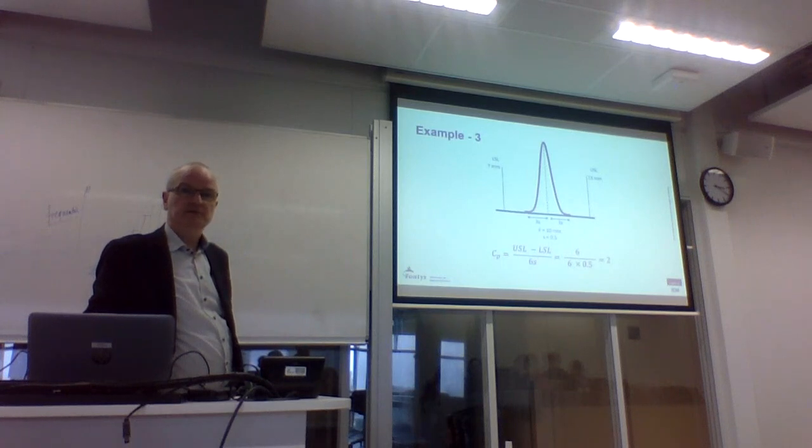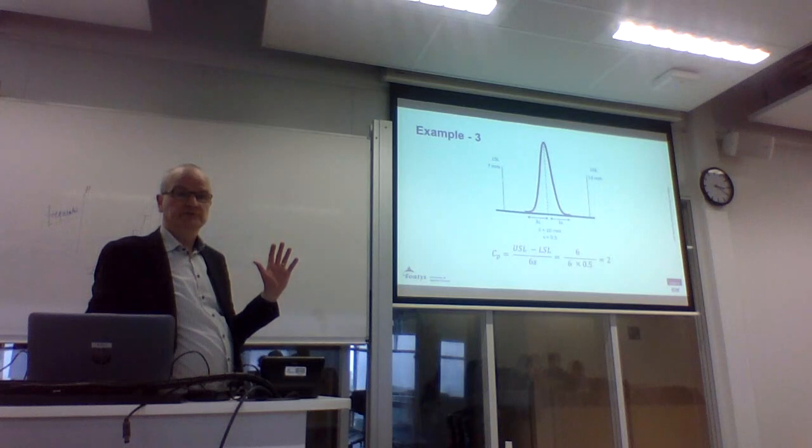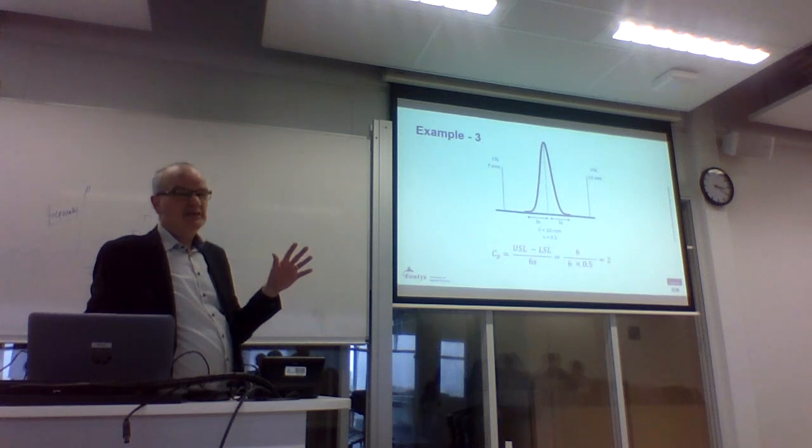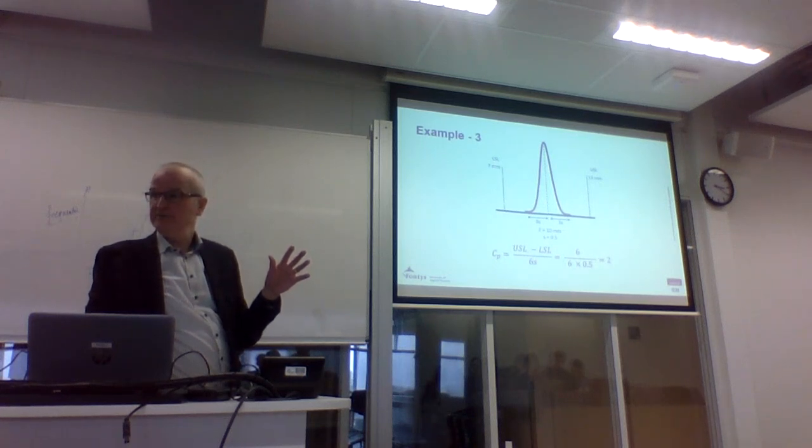It's 2. You're really safe if you have a value of 2. Value 1, you're pretty good, but only in 99.7% of the cases. It sounds like a lot, but if I produce 200,000 products a year, there's still a lot of products that are outside of the specification, right? It depends on the volume, whether 99.7% is still okay.